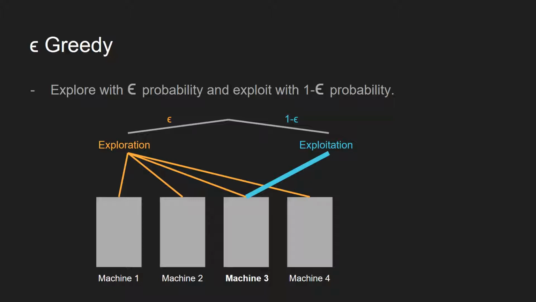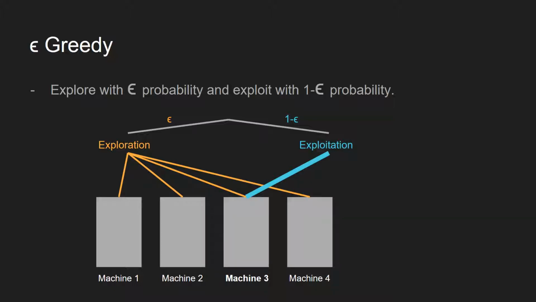As time goes by, some other slot machine might seem more profitable based on our experience, and this algorithm can identify it, and we will start to exploit that machine with 1 minus epsilon probability from there on. This is one of the key features of the epsilon greedy approach, and because of this, we will not get stuck in a local maxima for a long time. A typical epsilon value is around 0.1.